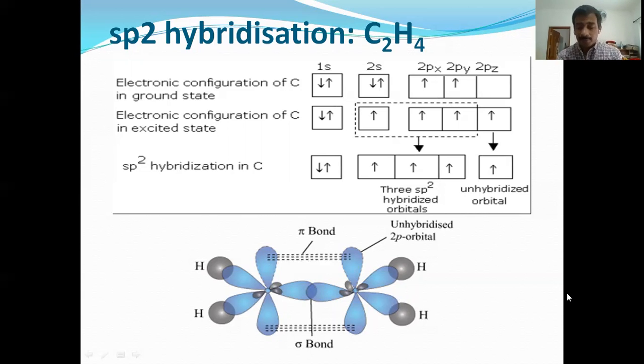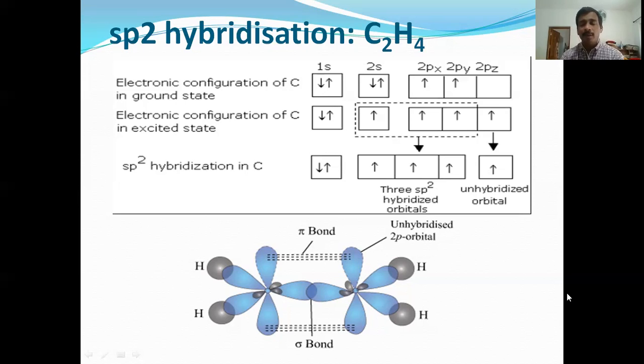Now the remaining: in the case of PCl5, it has sp3d hybridization with the bond angles 90 and 120 degree. The structure is trigonal bipyramidal in the case of PCl5. You try to write the scheme of hybridization and try to explain the geometry on the basis of hybridization in the case of PCl5.